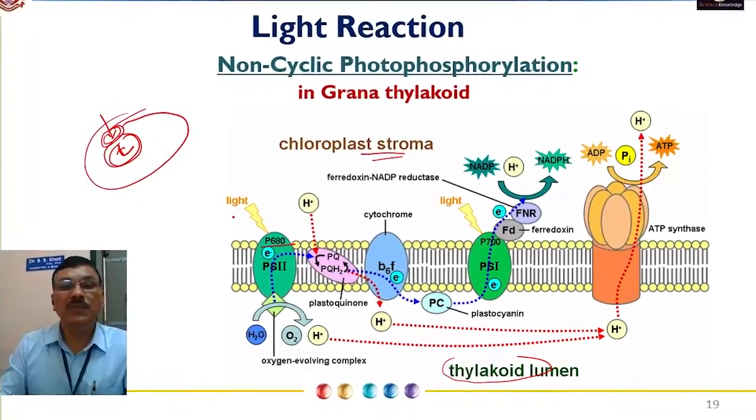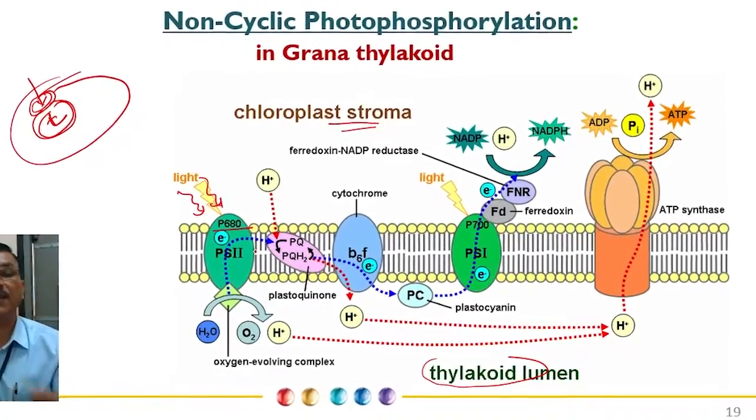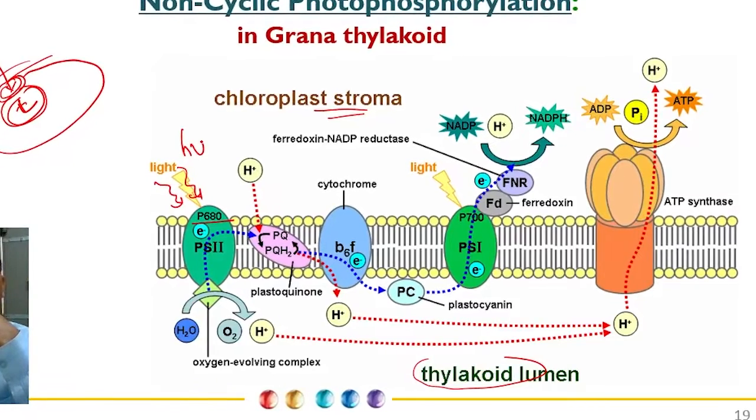Whenever photosystem 2 receives photons, light energy, also represented as h nu, it is utilized for photolysis of the water molecule, as well as the electrons which are excited from this reaction center will be given out. The first electron acceptor, which is again unknown, will accept the electron and transfer it to the chain.